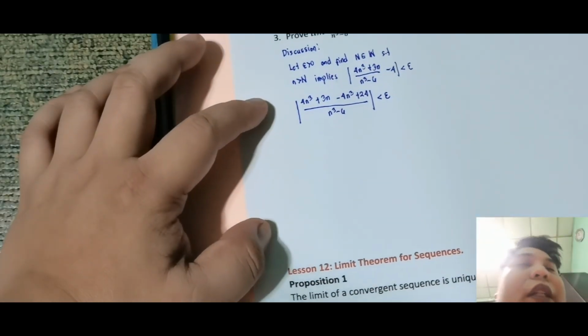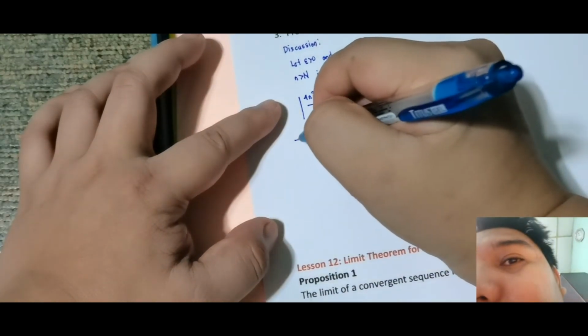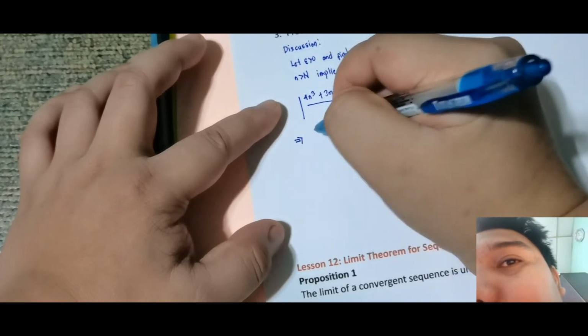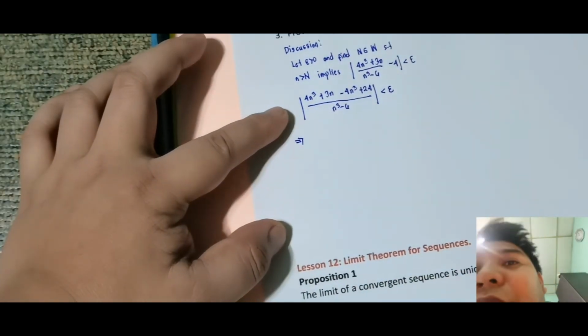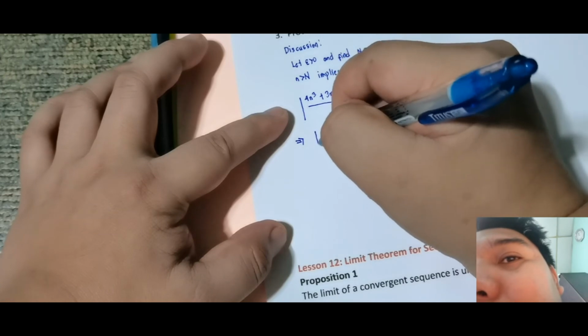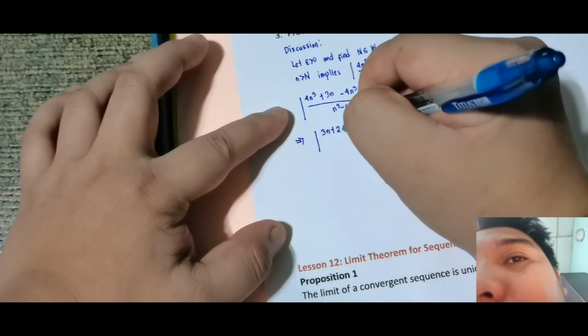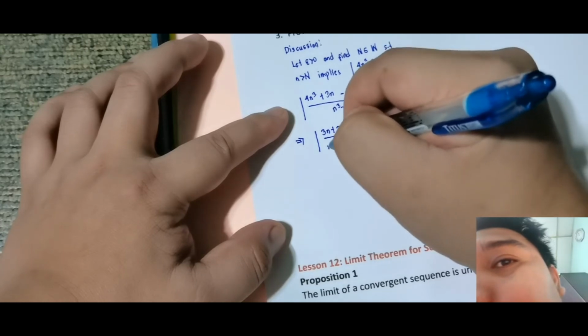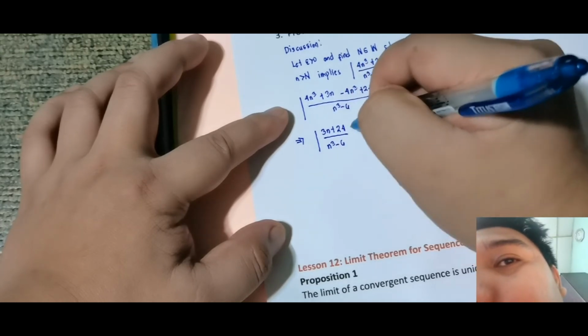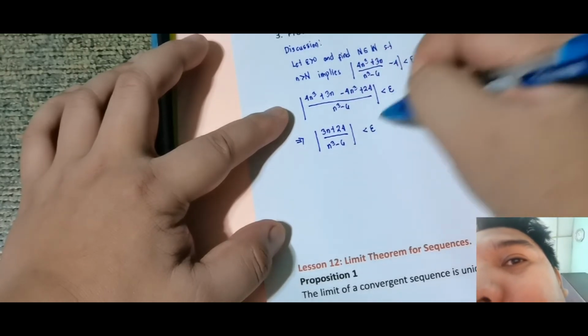The simplification implies 3n plus 24 over n cubed minus 6 is less than epsilon.